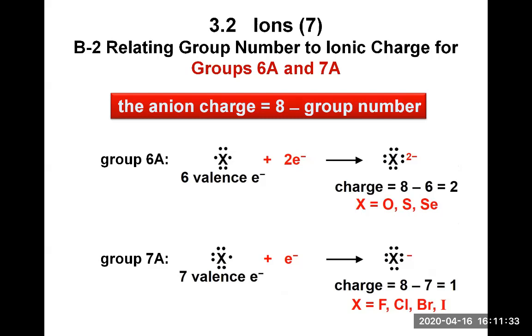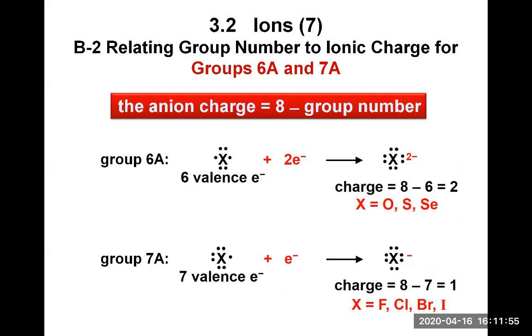Remember, the group number equals the number of valence electrons. So this is the elements oxygen, sulfur, and selenium, right? We only talk about the non-metals here, so tellurium and polonium are not included. So for oxygen, sulfur, and selenium, they start with 6 valence electrons.